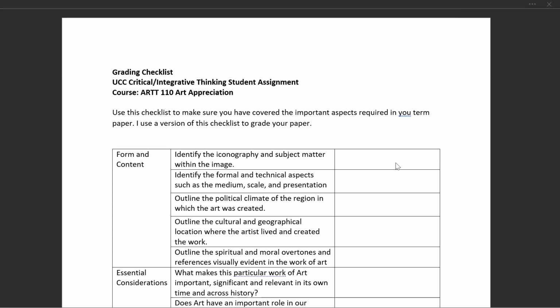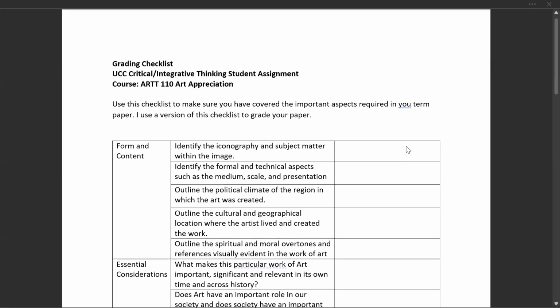This is also my grading checklist. I think yours has a different title. I might have forgotten to change it. But basically, here's the list of things that I copied from the assignment sheet. And you can use this checklist to make sure you've covered everything.